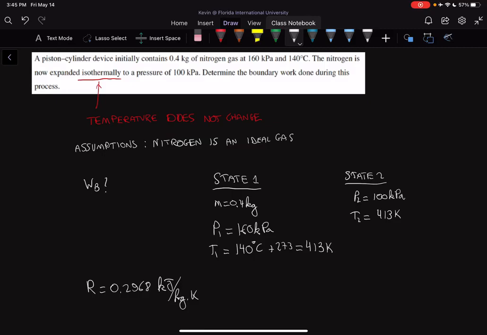So we need to find the work boundary, which means that we need to find probably pressure and volume. We already have pressures, so we're going to have to find volume. So let's try and find volume first and then try and figure out how we can even do this problem because we don't really know if it's a polytropic process or not yet.